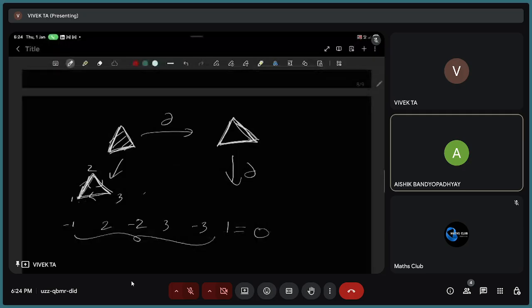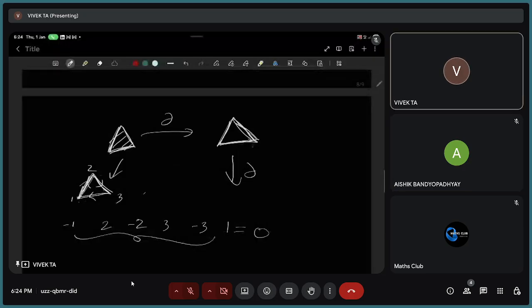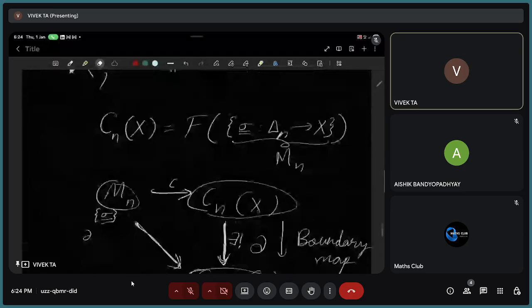Yes. So essentially this figure in fact has no boundary. So the boundary of something that has no boundary is 0. In our context, it will be E, the identity of this group, Cn.